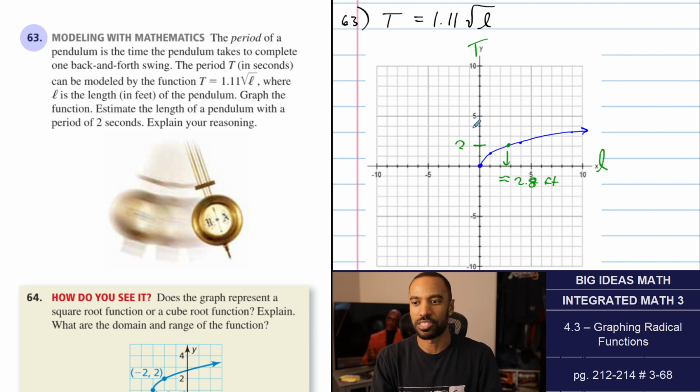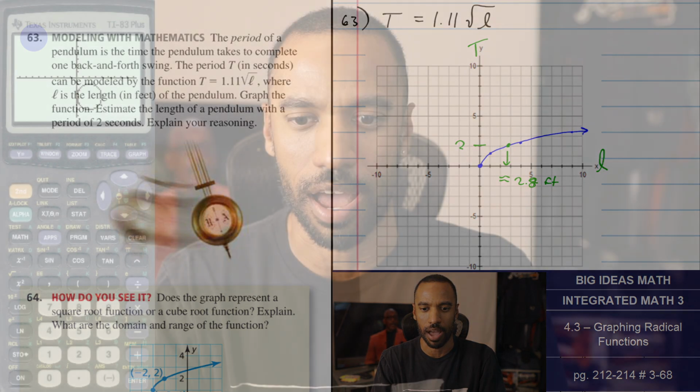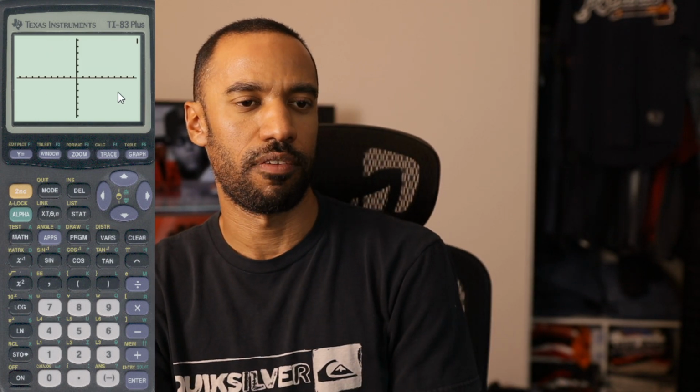Now, I don't know if that's it exactly or not. I don't know if they actually wanted a graphing calculator for that. So what we could do instead, let's go to the graphing calculator and type the same thing and just see exactly how close I was. I might have been off by quite a bit because I just did it based off a hand-drawn curve. So 1.11 times the square root of x gives us this graph. I mean, my graph was right-ish, but what we want to do is look in the table.